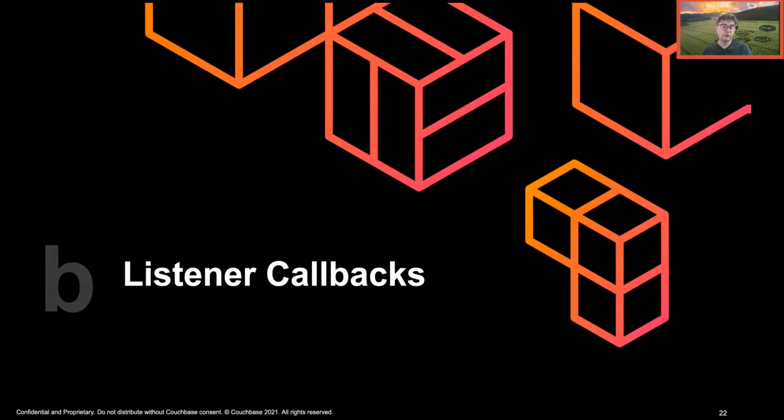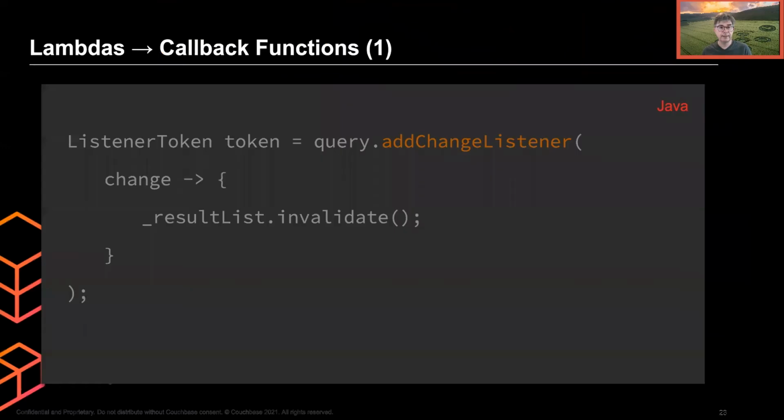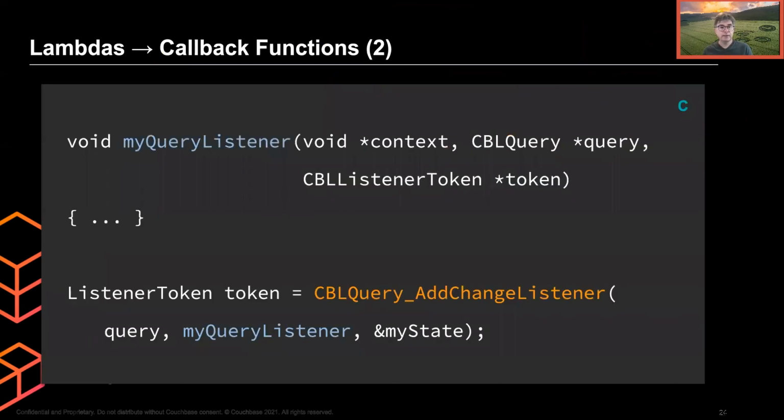So listeners, the observer APIs that let you detect when things have changed, are done using callbacks instead of lambdas or blocks. For example, in Java, this example shows adding a change listener in the form of a lambda, using that dash greater there to indicate a lambda object. In C, this is done using function pointers, and this is an approach that's really typical.